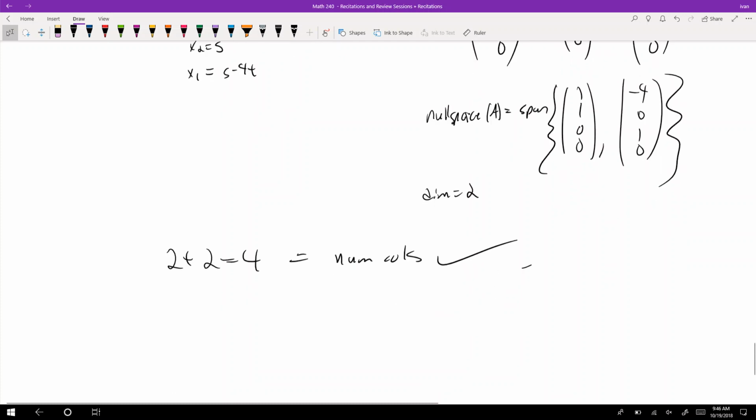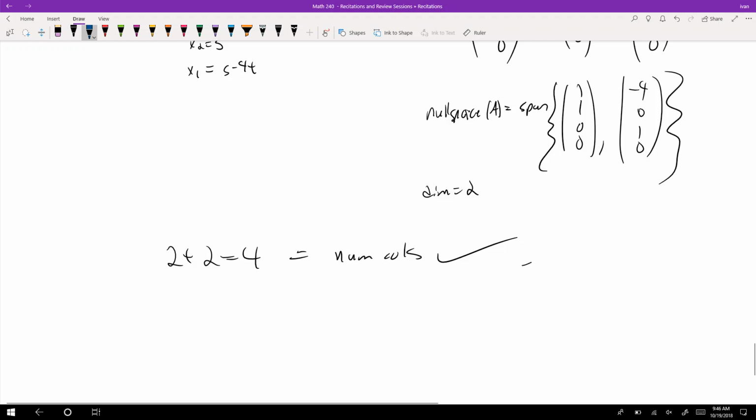All right, one last thing. So let's talk about the general solution to a system of equations.